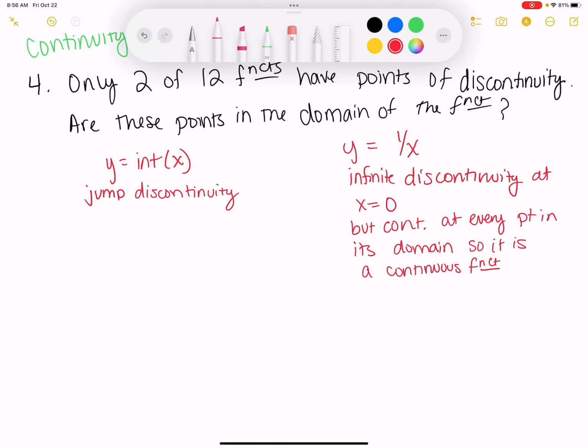All right, so this one, jump discontinuity. There's a discontinuity at every integer value of x. Therefore, it's not continuous.